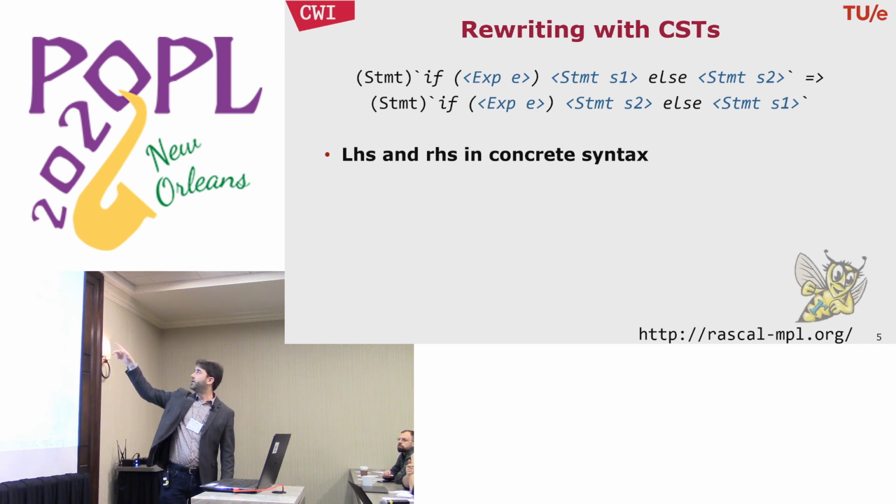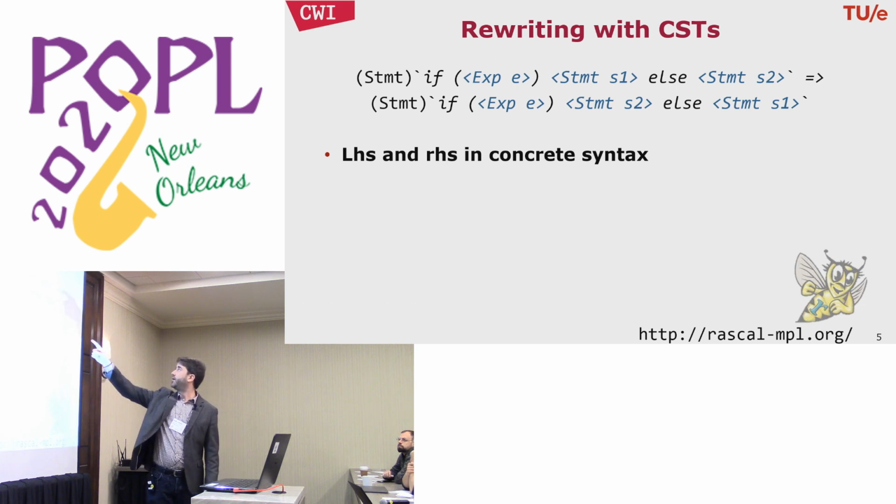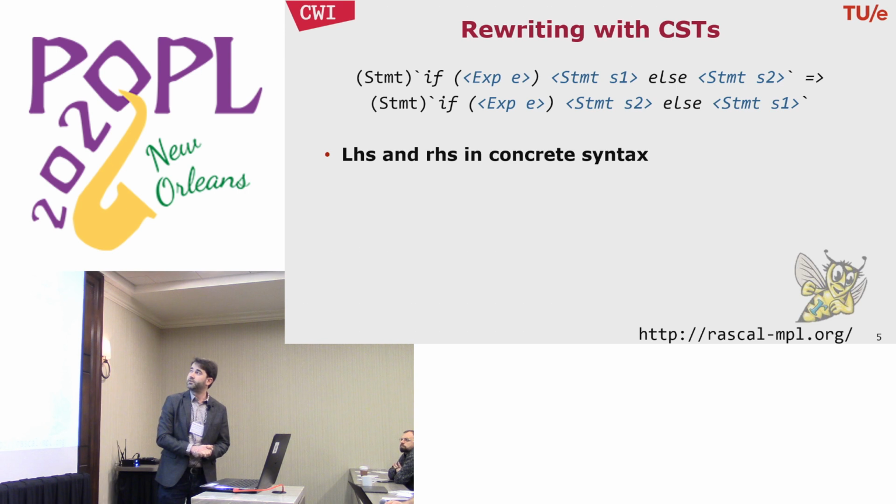Again, we have a rewrite rule here, and the top line is a concrete syntax pattern of type statement. The thing between the parentheses is the type, and between the backticks, we have our concrete syntax in the object language. The blue variables between the triangular parentheses are our meta variables, which are typed this time.